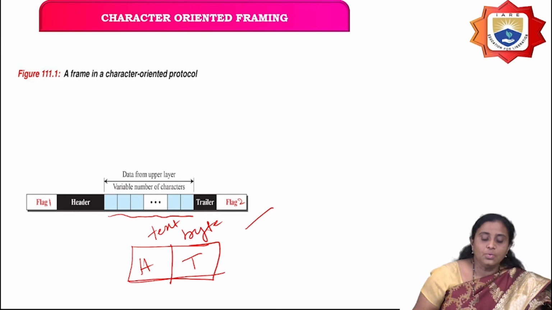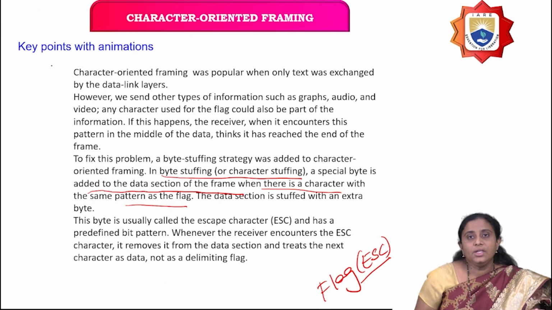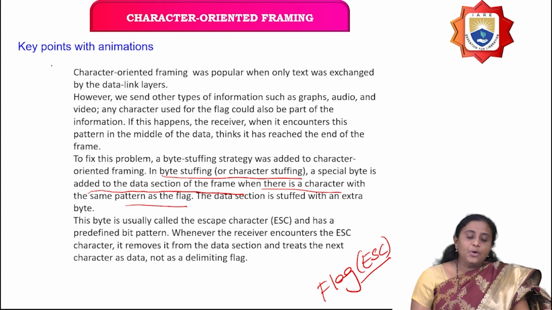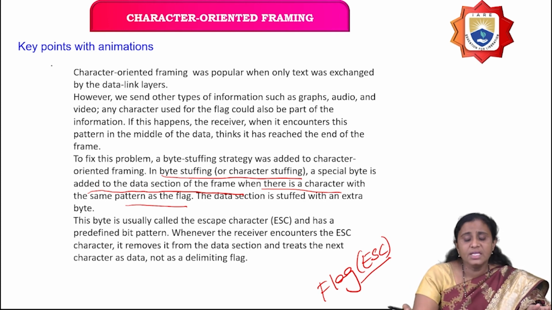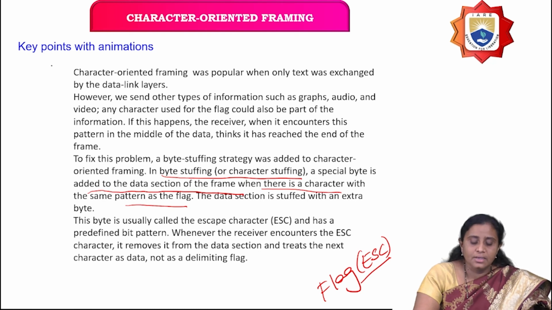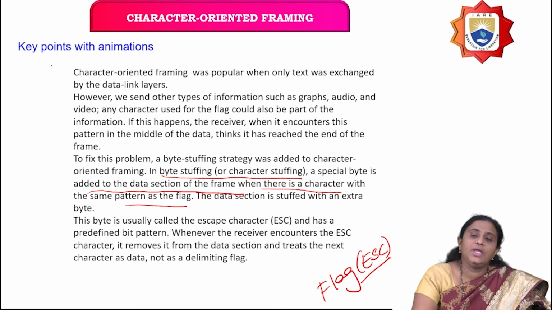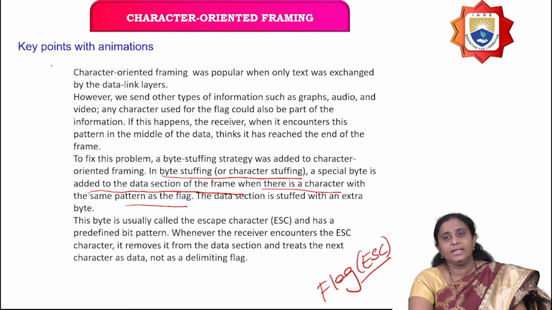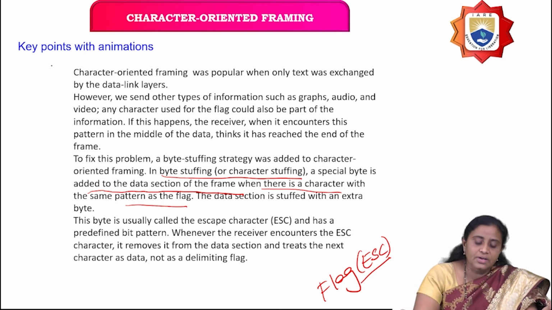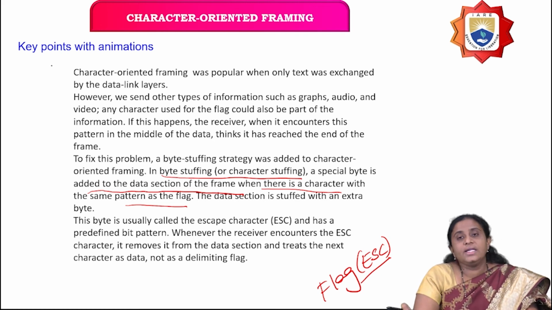As I am already explaining, here we have to identify the type of characters, and a special byte or character we need to add to the data section of the frame when there is a character with the same pattern as in the given figure, and that character we call a flag.